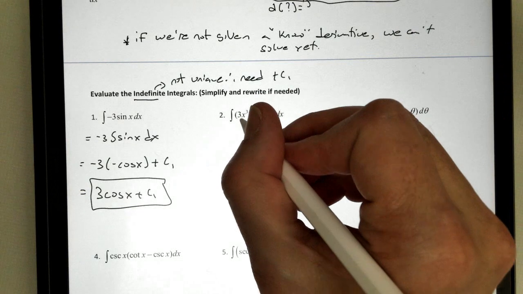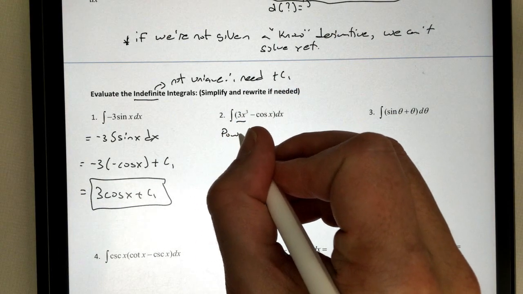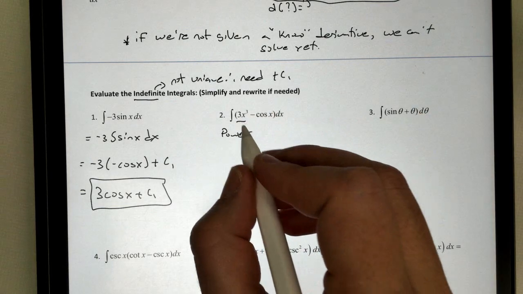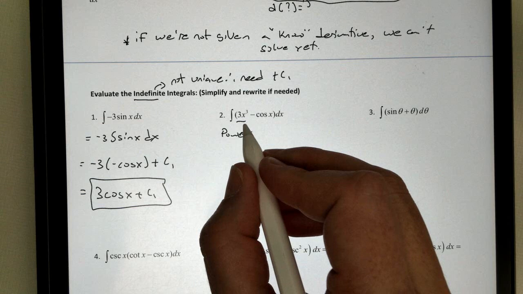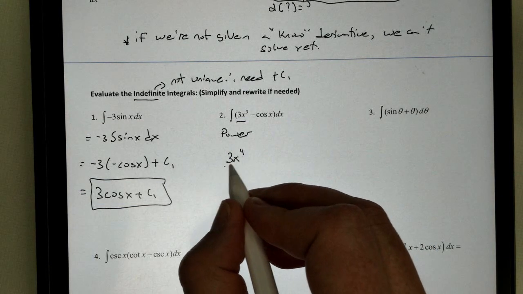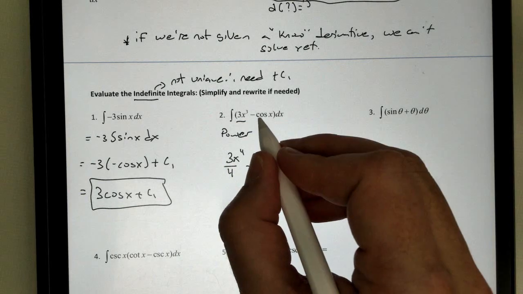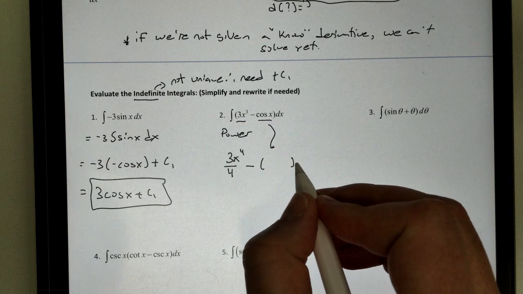For example, number 2, right here, this one, this is just our power rule. So what's the antiderivative of 3x cubed? Well, my rule says I'm going to add 1. This becomes 3x to the 4th over 4 minus, and now I got to think, what function's derivative is cosine of x?